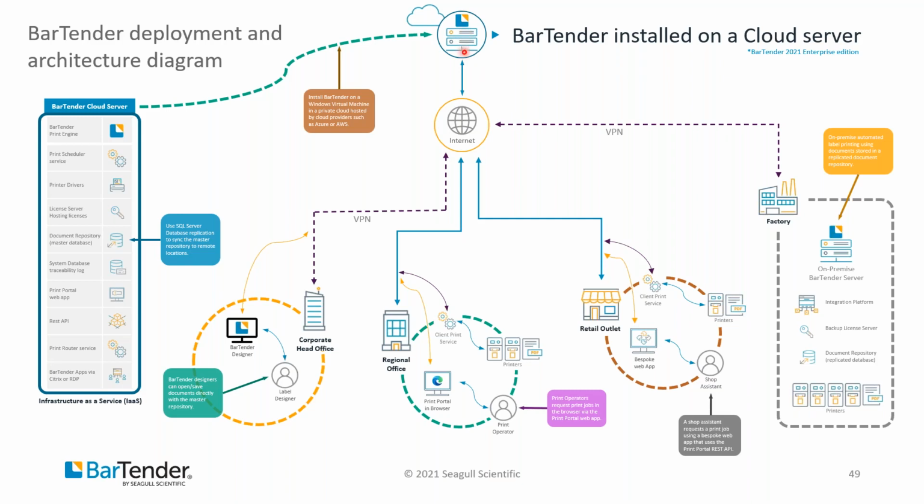The print job is produced and sent back again to the client print service at that local location and on to the physical printers. So this encapsulates quite well some typical use cases of a BarTender instance installed on a cloud server.